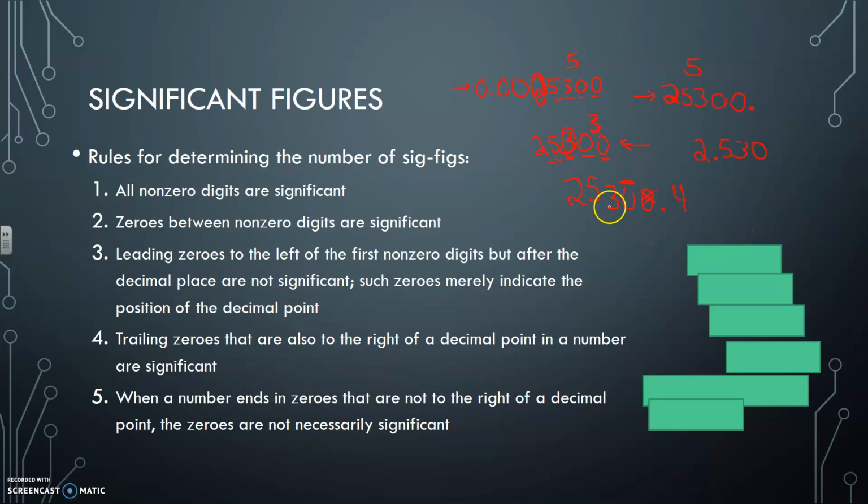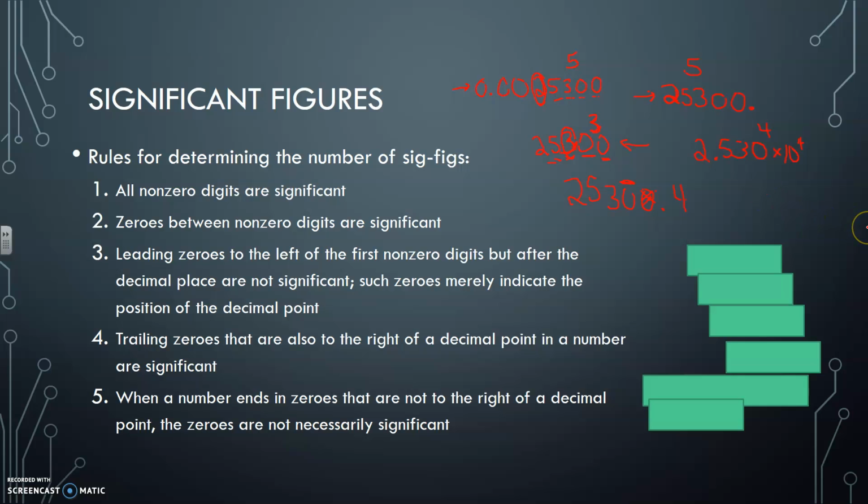And then again, you have to write your exponent, so it would be times 10, and we moved the decimal point 4 places. Okay? Like that. So in this case, again, we have 4 sig figs because they're all written here. And with scientific notation, again, you only write the numbers that are significant.